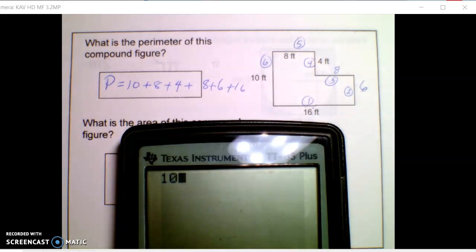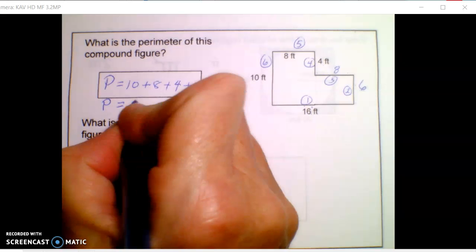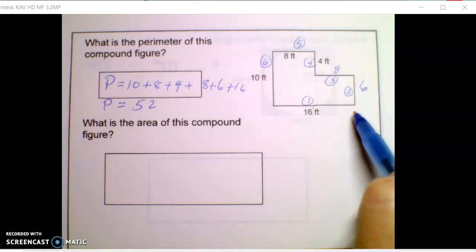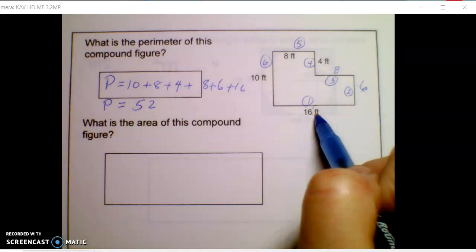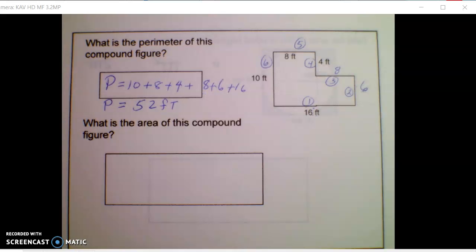I get 52. So the perimeter is 52, and I look over here and it's feet, and remember it's just a distance, so then it's just 52 feet.